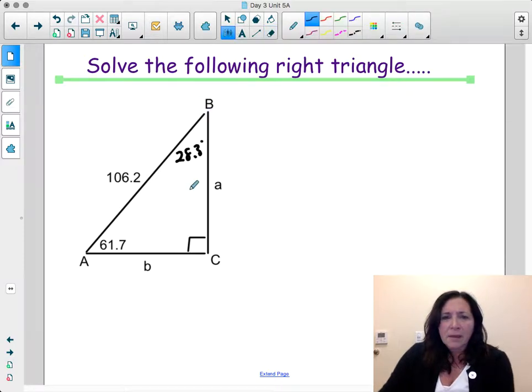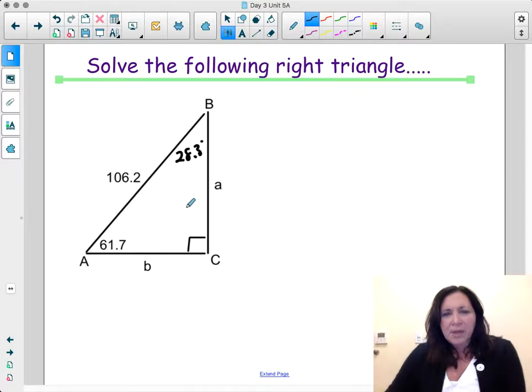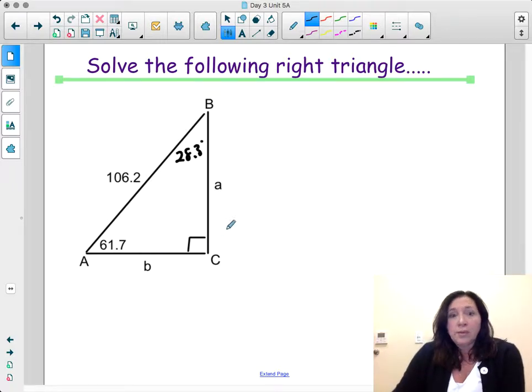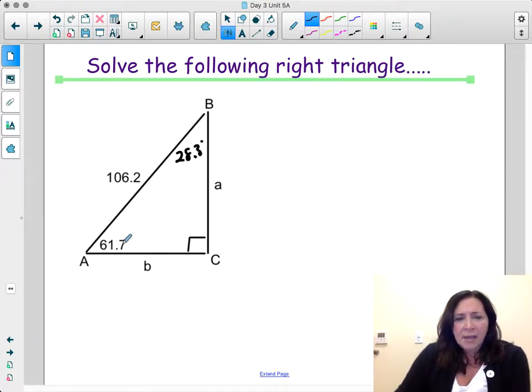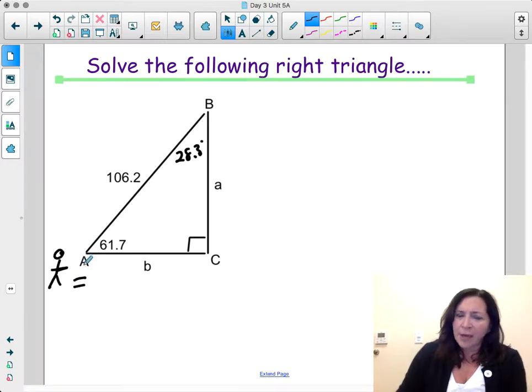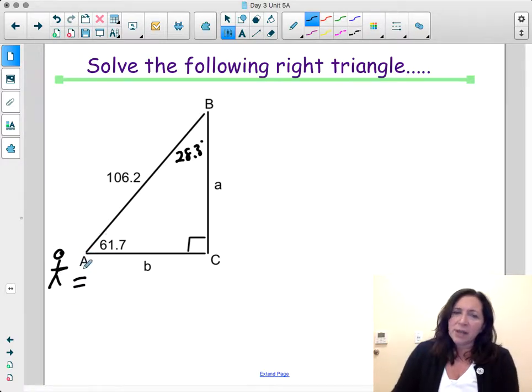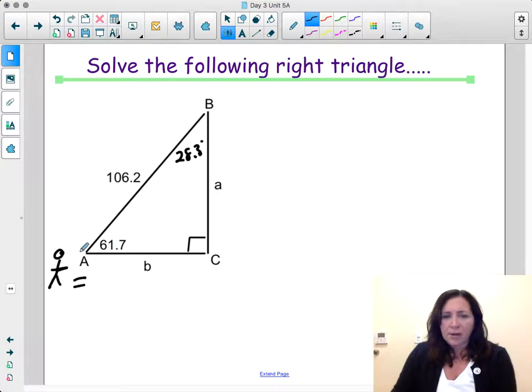Okay, in order to find A and B, you have so many choices. For A, I'm going to put myself, like a lot of people do, at the angle that they're at. So if you're using angle A, they say, okay, here I am. Or if I'm using angle B, they draw the person up here.